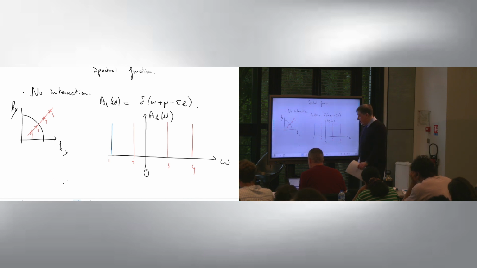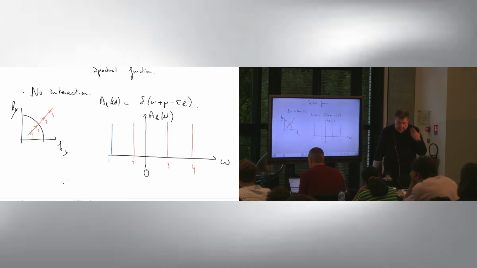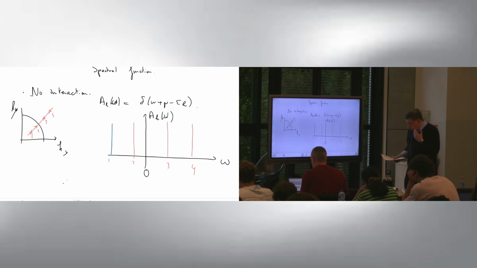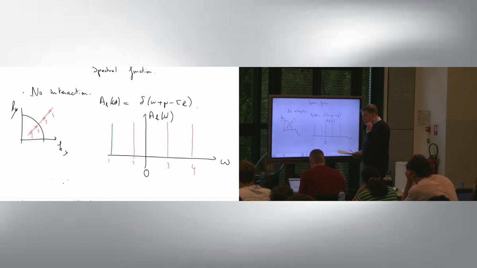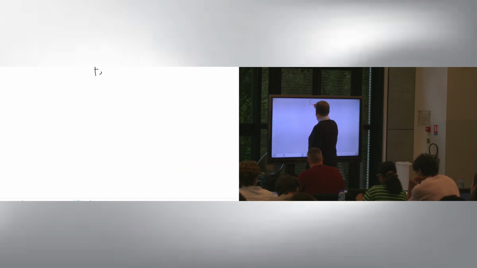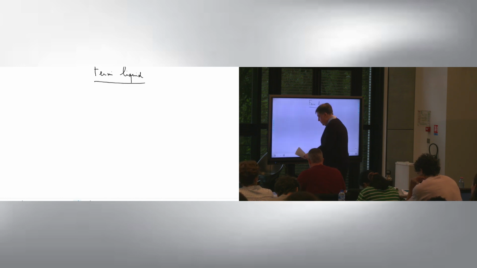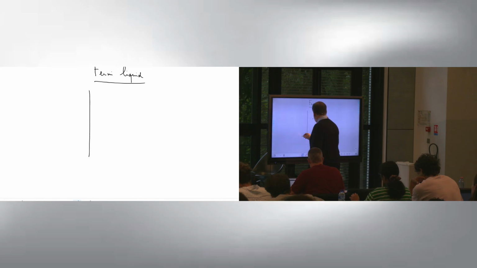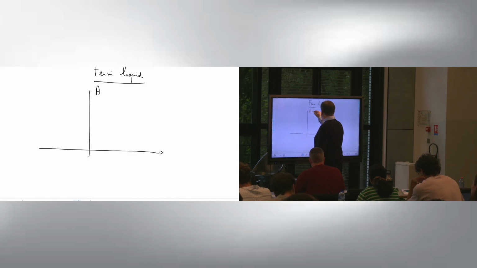Now, what happens when we put interactions and when we are in a Fermi liquid? So, Fermi liquid, there's an entire theory of it. What I'm really interested in here is to understand the quasi-particle peak and how we're going to extract its characteristics from the Green functions, therefore from everything that DMFT is going to produce. So in the Fermi liquid, we have the following sketch: A_k(omega) as a function of omega.